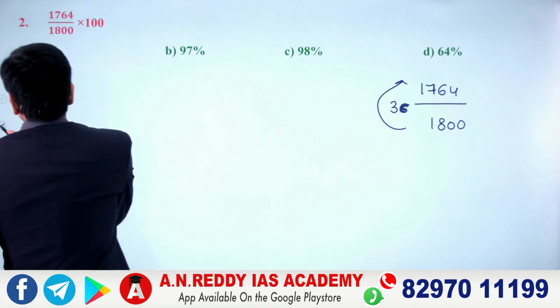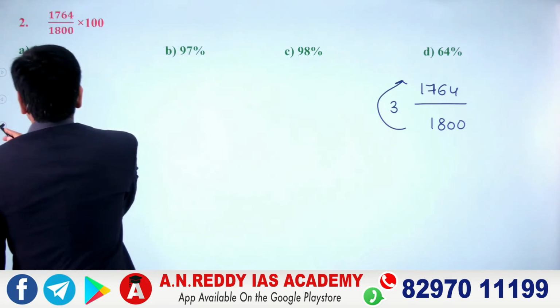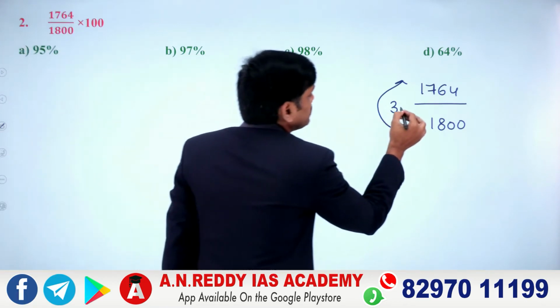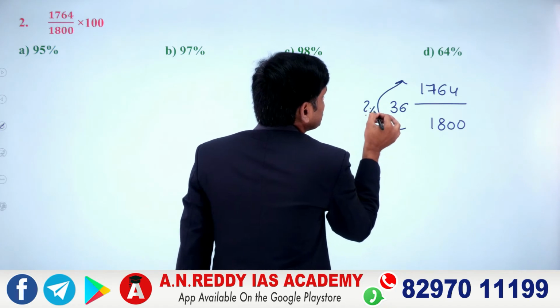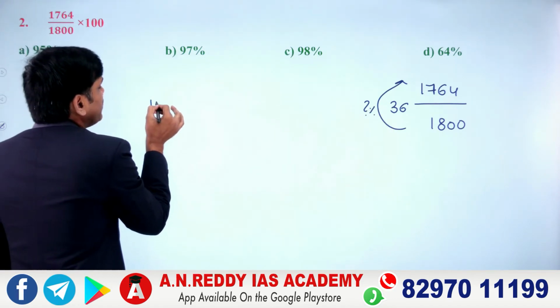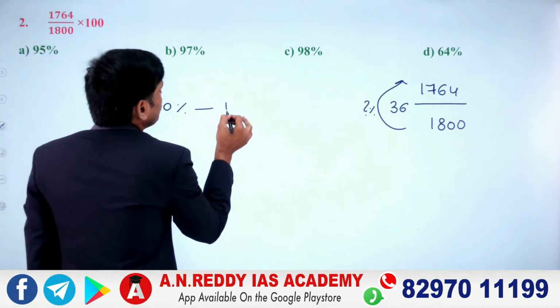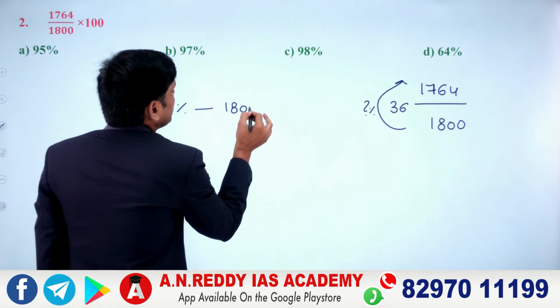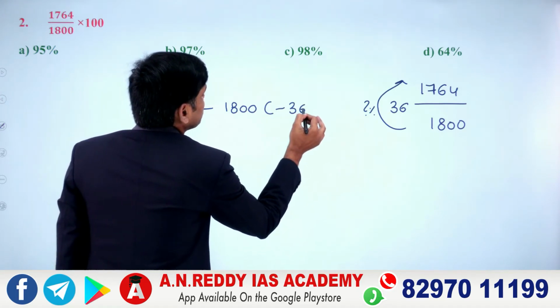So value wise I should go back by 36. Percentage wise that is how much? Let's try to find out. This 36 is what percent of 1800 is what you have to guess. Now check. 100% of 1800 will be 1800 only. From 1800 I have to remove 36 to reach my target.